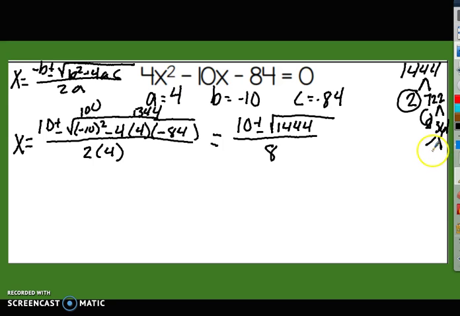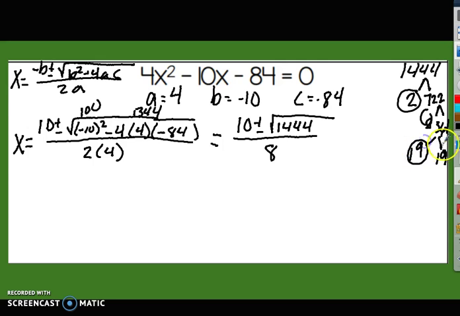It's not prime. So that breaks down to 19 and 19.